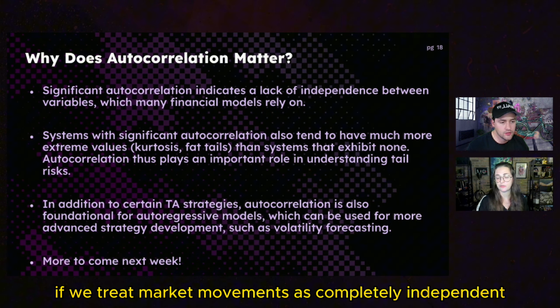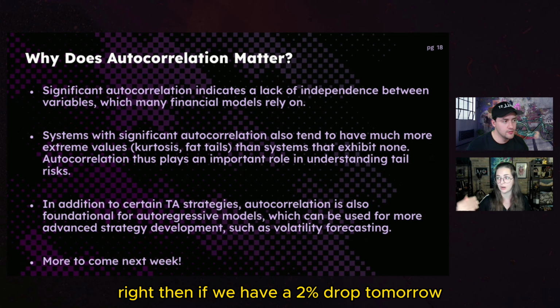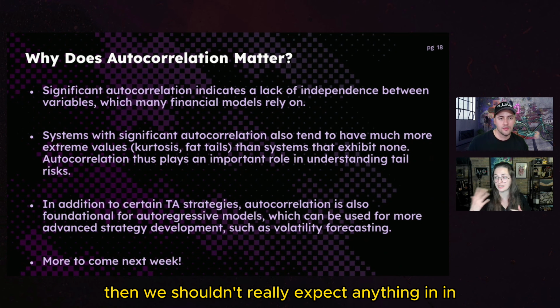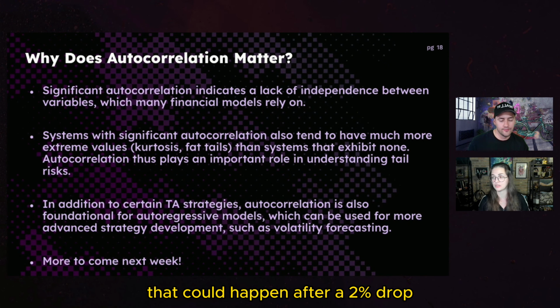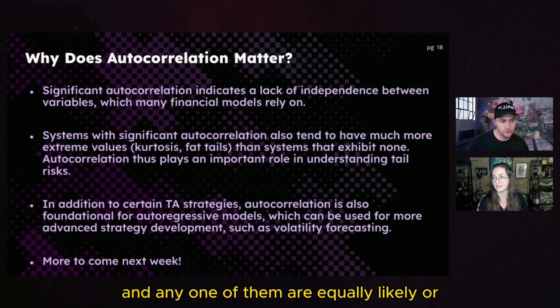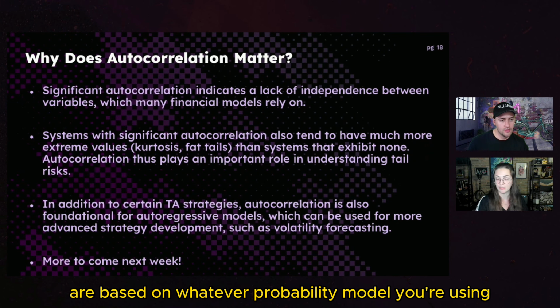Because if we treat market movements as completely independent, then if we have a 2% drop tomorrow, we shouldn't really expect anything in the following days. There's a range of possible values that could happen after a 2% drop, and any one of them is as likely as they are based on whatever probability model you're using.